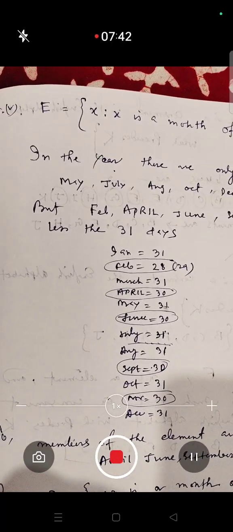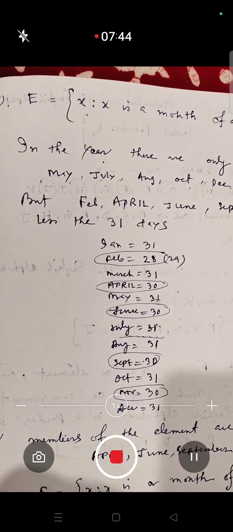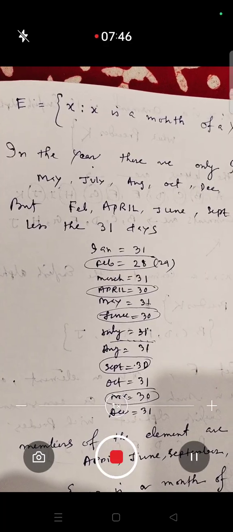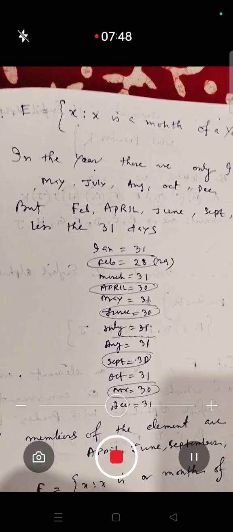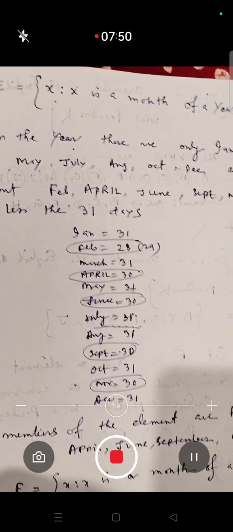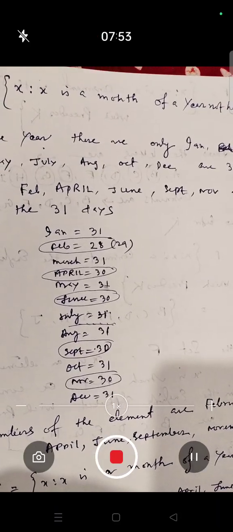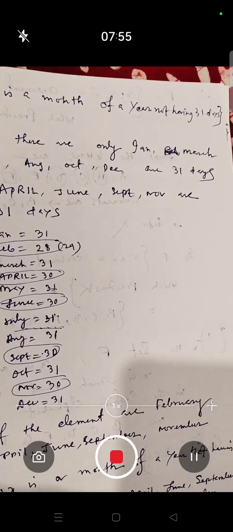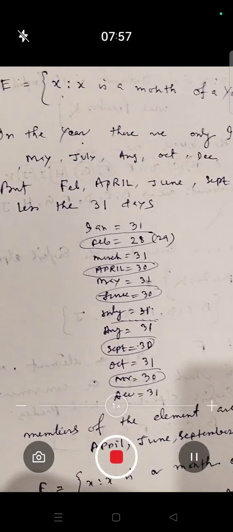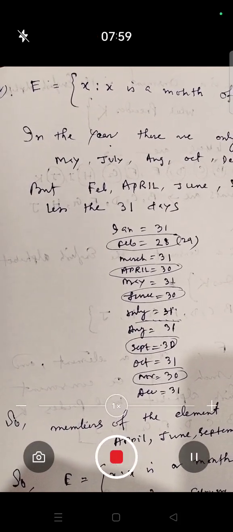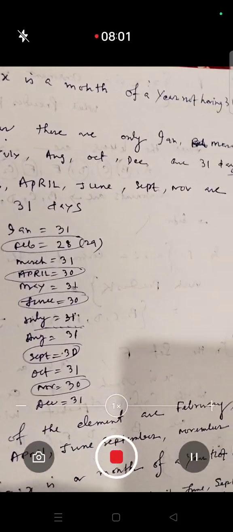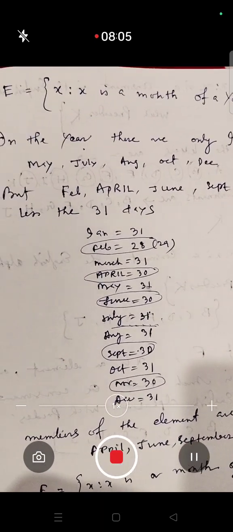5. E is a set where x is an element of the set and x is such that x is a month of a year not having 31 days. In the year, there are only January, February, March, April, May, June, July, August, September, October, November, December.